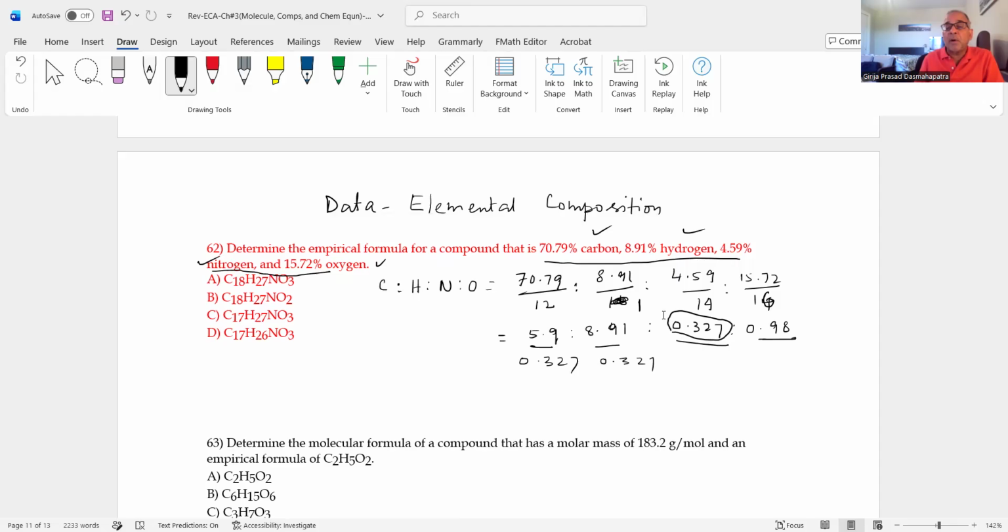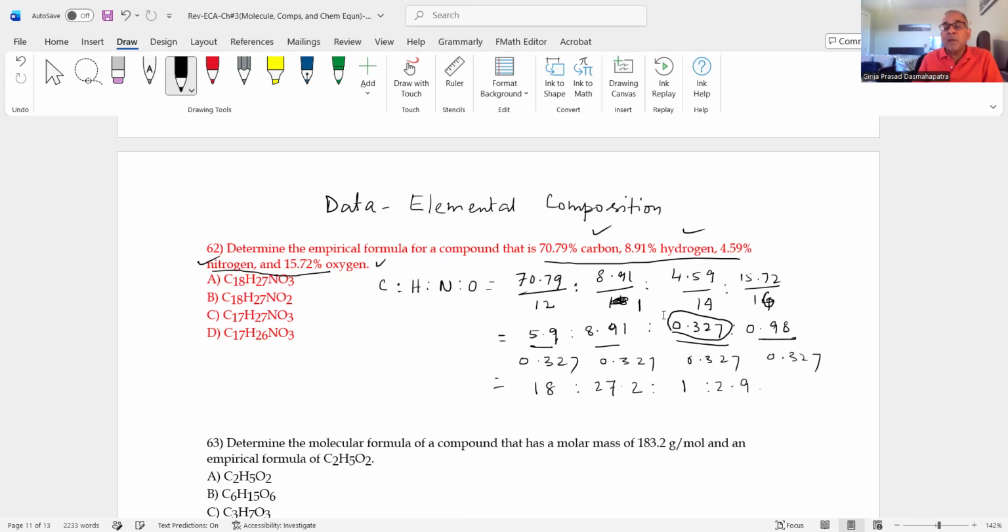So divide all of them by the least number of all the atoms we have. If you find out, it will be approximately close to 18. This one will be approximately close to 27.2, and this one will be exactly 1, and this one will be somewhere around 2.99.